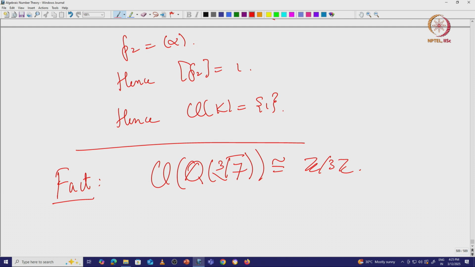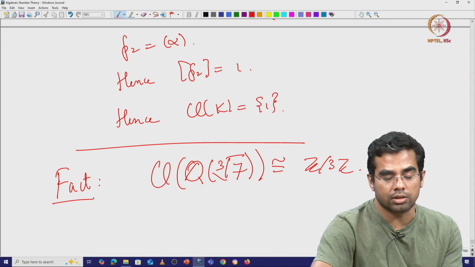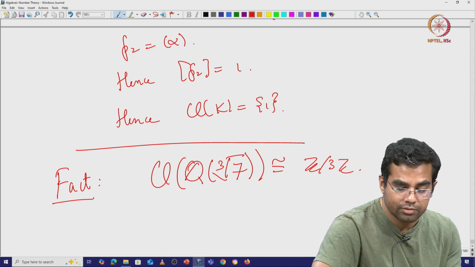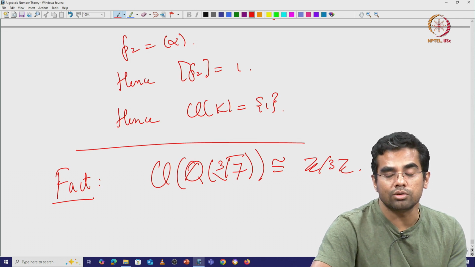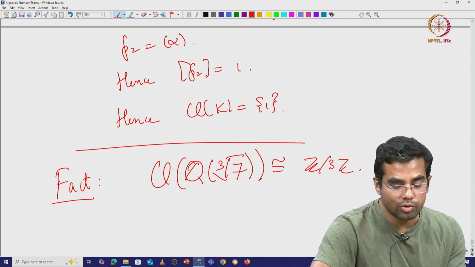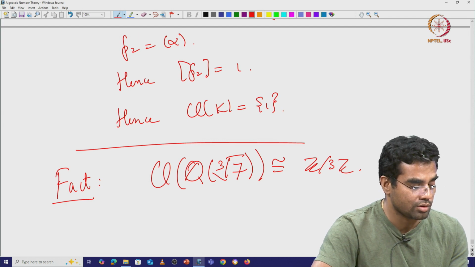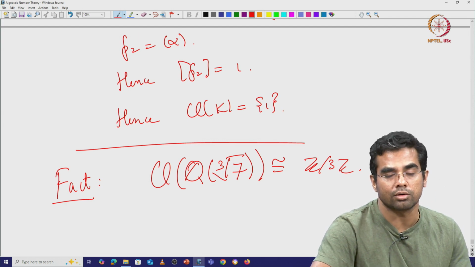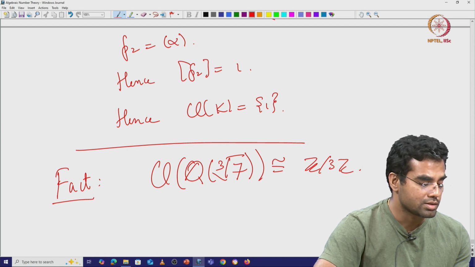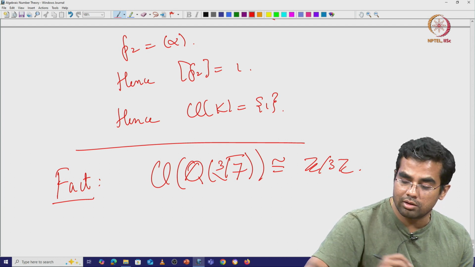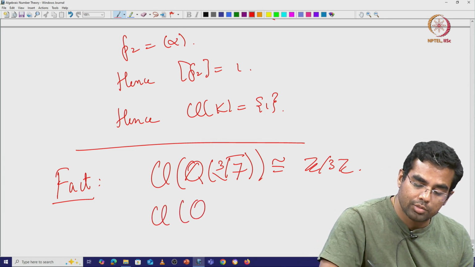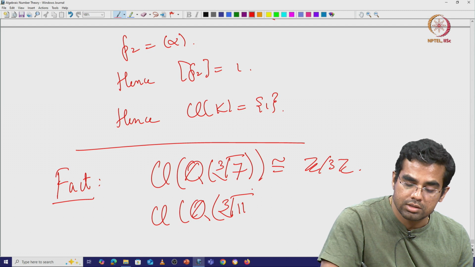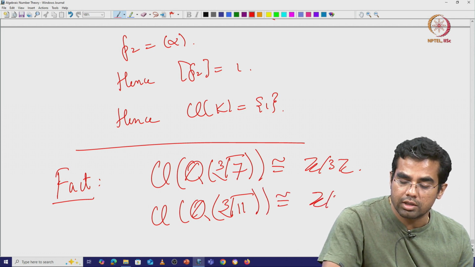If you look at the group of units in the ring of integers of such a number field, then it is again infinite, and to show that something is not principal when the group of units is infinite is highly non-trivial, as we saw in the case of real quadratic fields. And so, these computations turn out to be really long and tedious. So, the other example is non-trivial, it is Z mod 2Z.